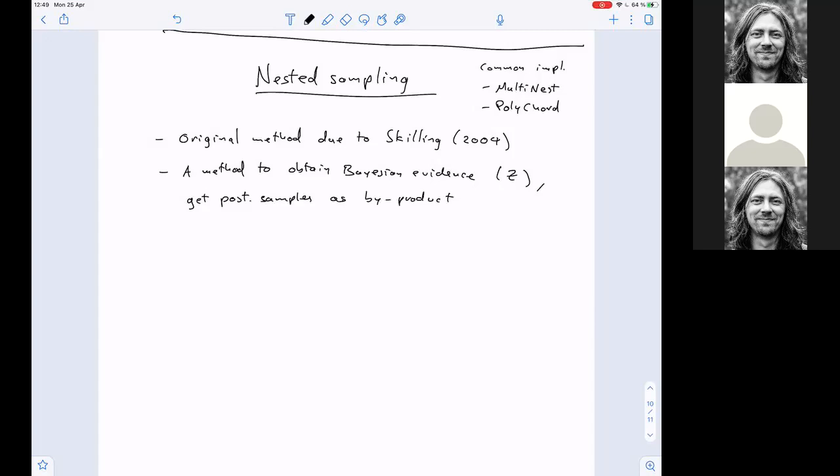So one way of viewing this is that if you just write down Bayes' theorem as likelihood times prior, well, that should be equal to posterior times the evidence. That's just rearranging Bayes' theorem. And what you can think of is that this is effectively your input, and this is what you hope to obtain.